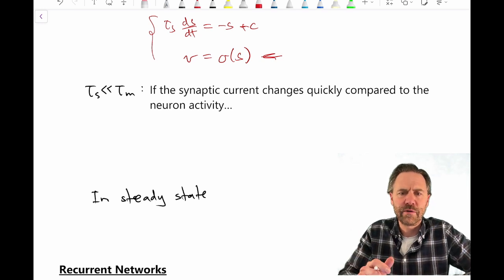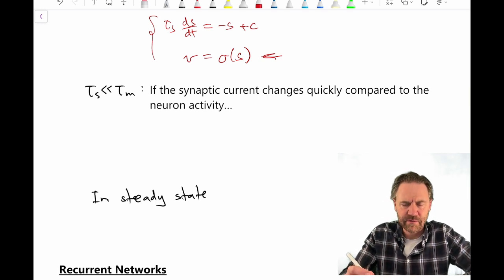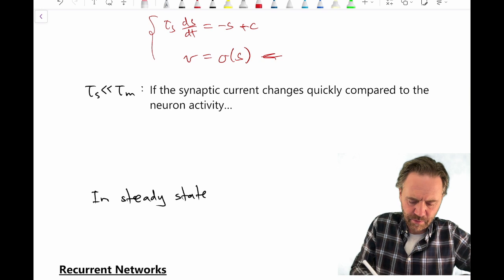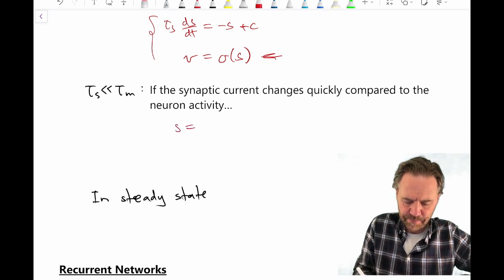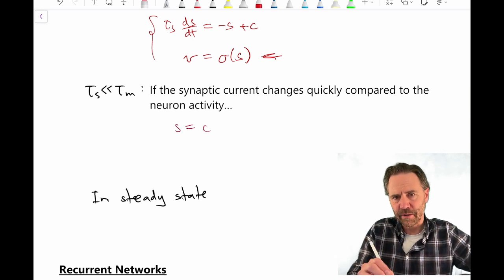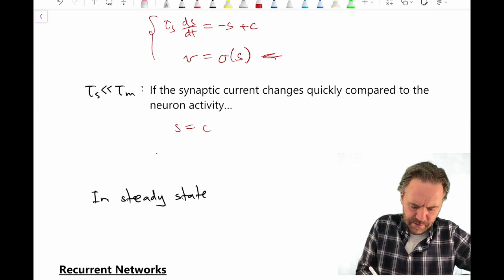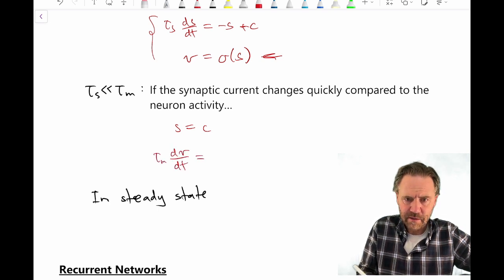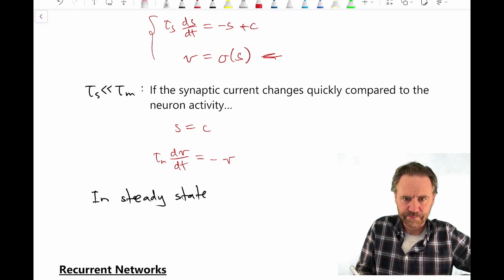Compared to V, S goes to equilibrium really quickly. So we can just represent S as its equilibrium value. But V takes time to get there.